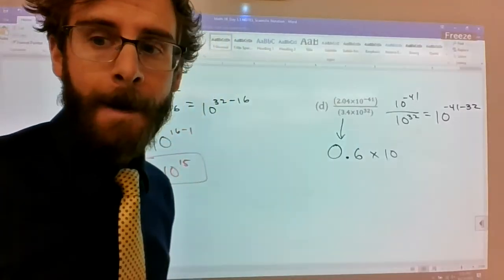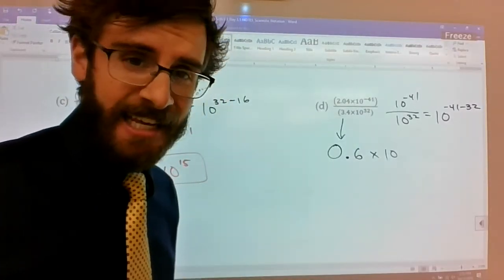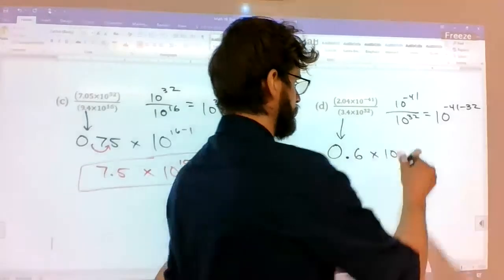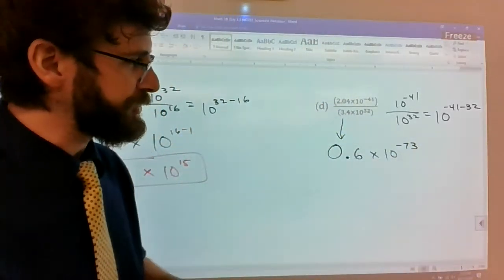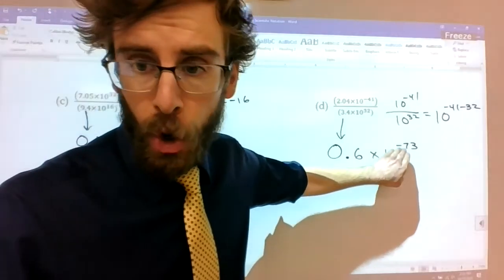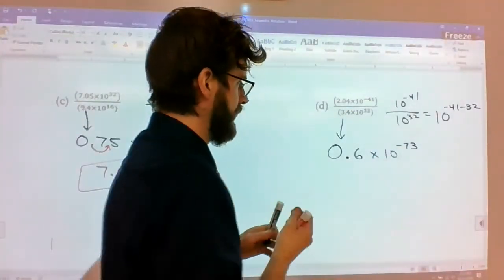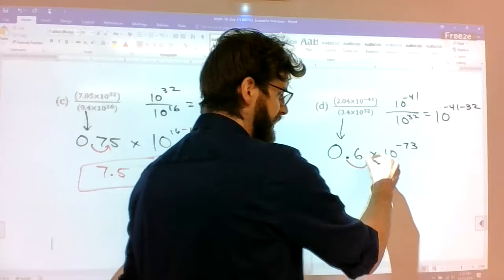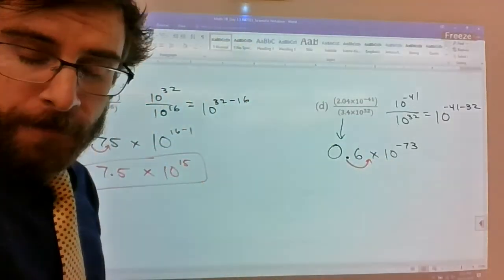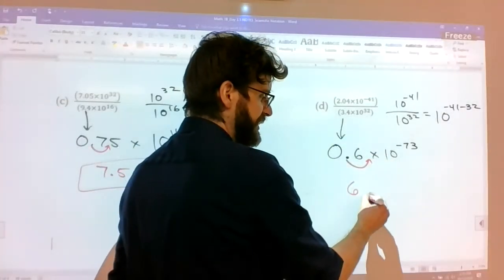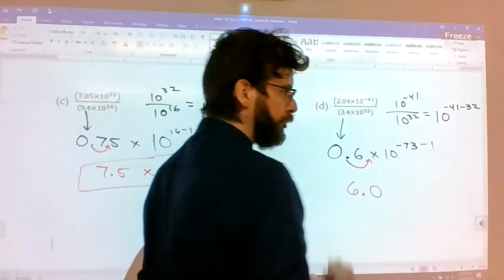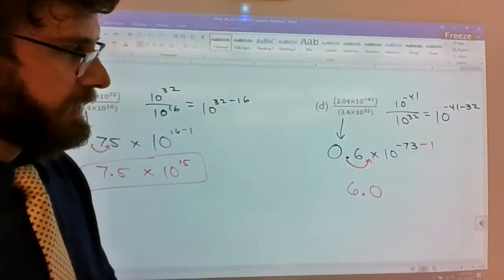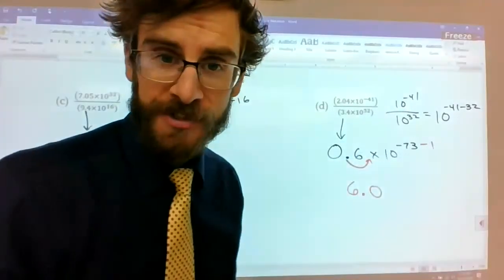Negative 41 minus 32 is negative 73. Wow. Okay, so it's sort of like this power of 10 owes 73. I still need to move this to make a number between 1 and 10. This turns it into 6.0. And I needed to borrow from that group of negative 73. So it owes 73. Well, now it owes 74.